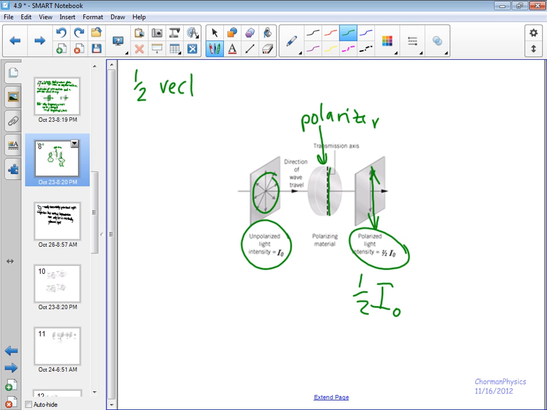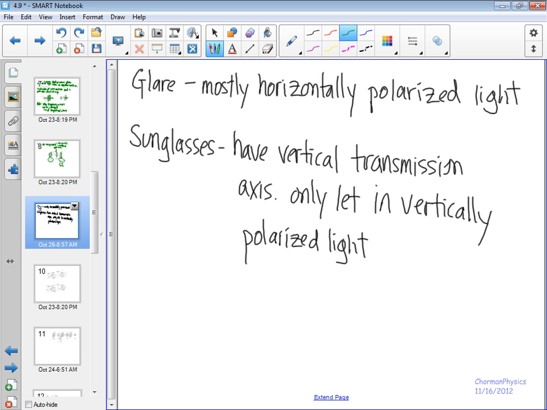So that's the why. Half the vector components are horizontal and half are vertical. All right? So they're having one direction or another, and that's why we end up with that. So that's the way a polarizer works for light.